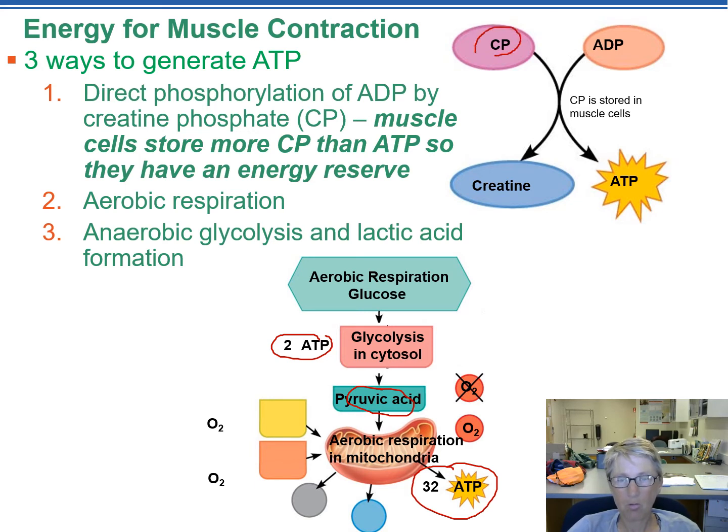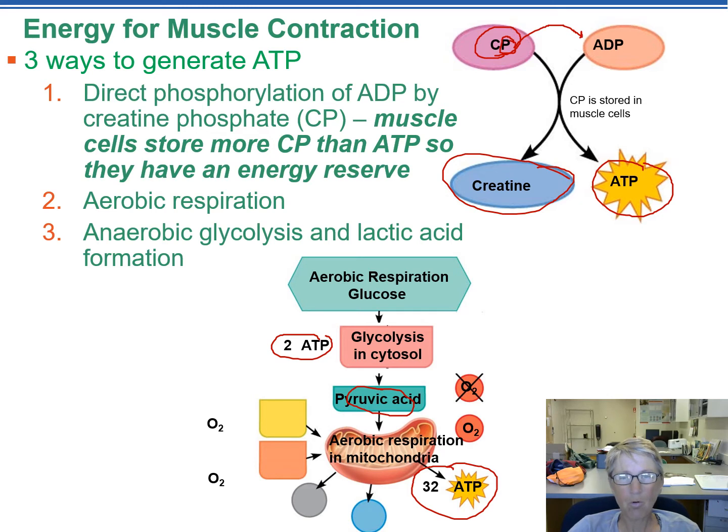So in this cartoon, CP is creatine phosphate. So if you run out of the ATP in your muscle, you can use creatine phosphate. So it's got this phosphate on it. You can take the phosphate from creatine phosphate and you can put that phosphate on ADP, and that will make ATP. So you go from having 2 phosphates to 3 phosphates, and then you make this product called creatine.